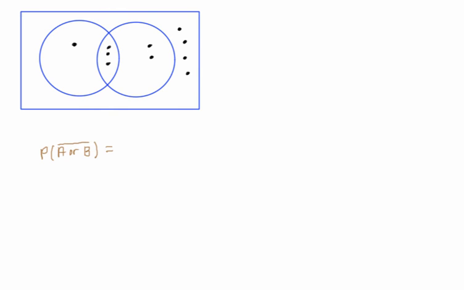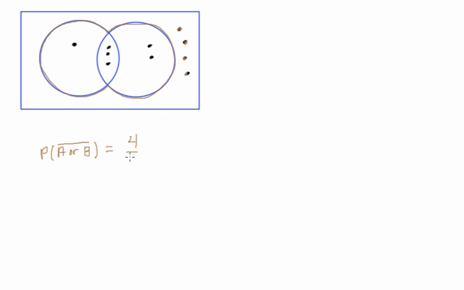Probability of the complement of A or B. So where's A or B, first of all? A or B is anything that's in the A circle, the B circle, or the overlap. So all of this stuff is A or B. So what's the complement of that? What's not in there? Just these 4 dots that are on the outside.